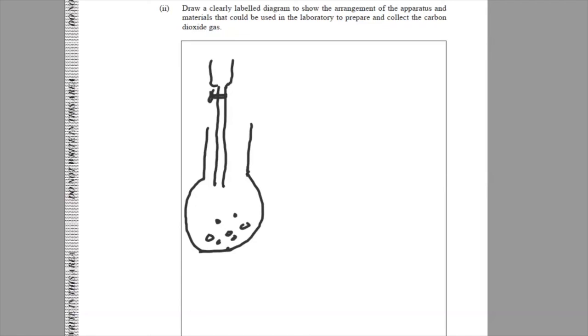So marble chips go here. Then, of course, this is a thistle funnel. We've seen this before. It's a thistle funnel, and HCl is contained here, and there's a stopcock so we can open to release.